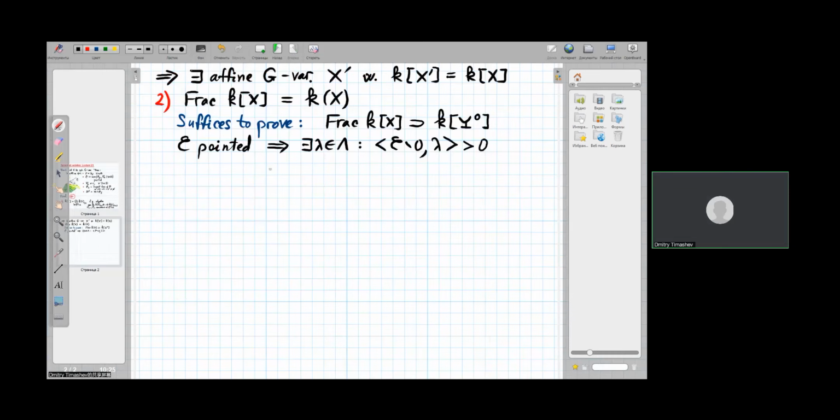And this means that the vanishing order of the respective semi-invariant rational function along each B-stable prime divisor in X is strictly positive.